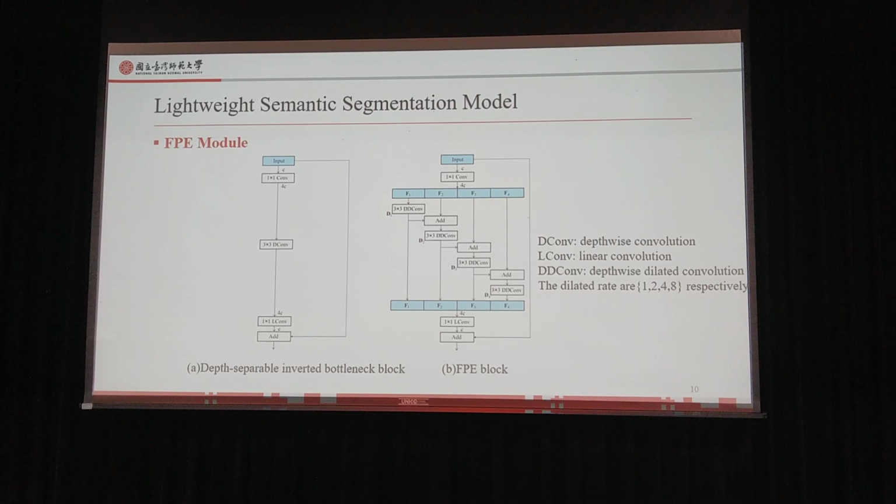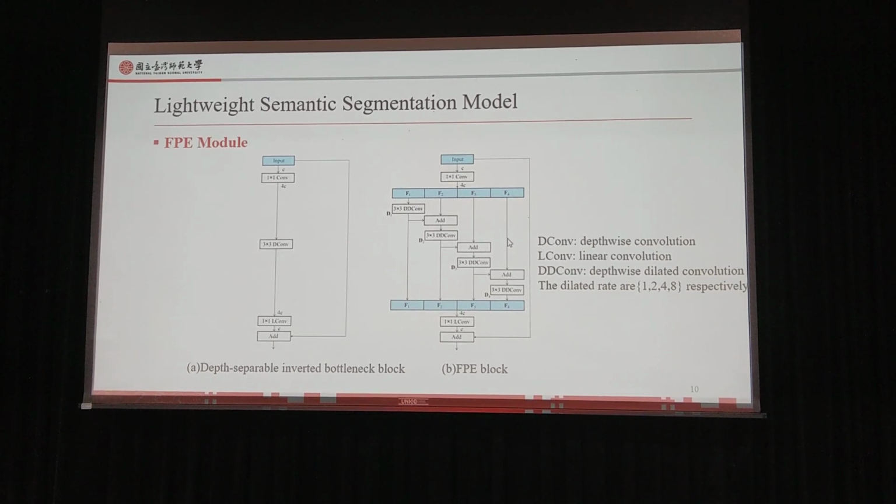And I will talk about the FPE model. The FPE module is separated into 1x1 convolution, 3x3 deconvolution, and 1x1 L convolution. Deconvolution means depthwise convolution, and L convolution means linear convolution. The FPE block is based on the depthwise separable inverted bottleneck block.